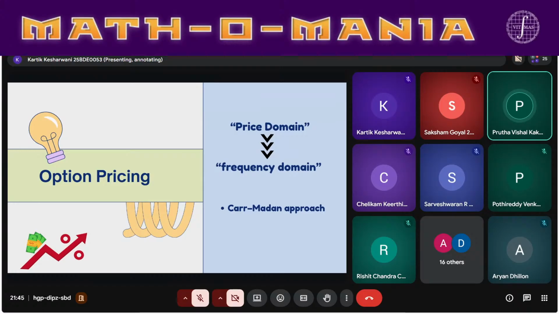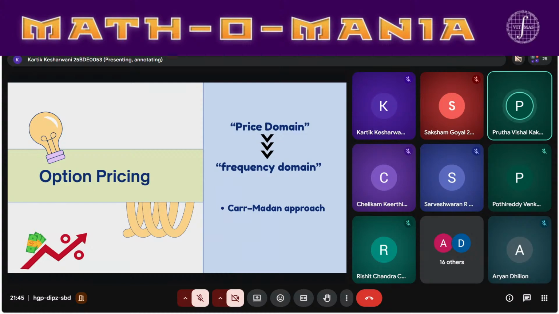fast Fourier transform. In this method, the option pricing problem is reformulated so that the Fourier transform of the option price can be expressed in terms of the characteristic function of the underlying asset's log price.